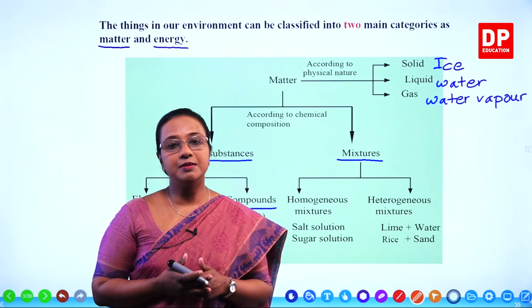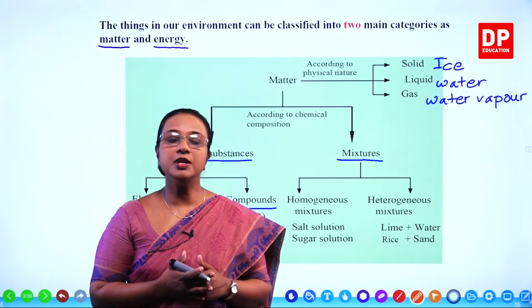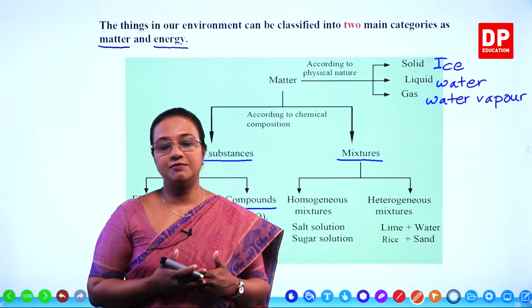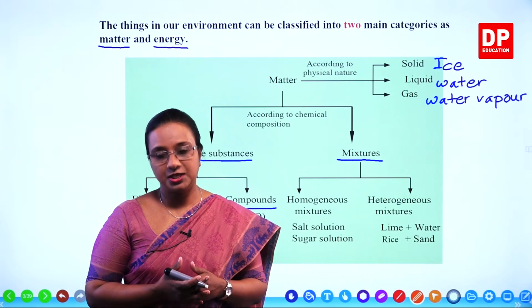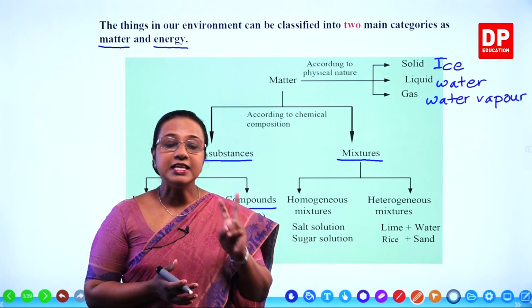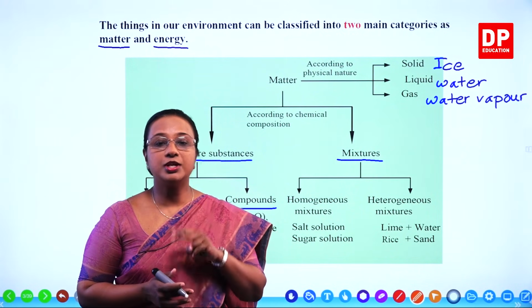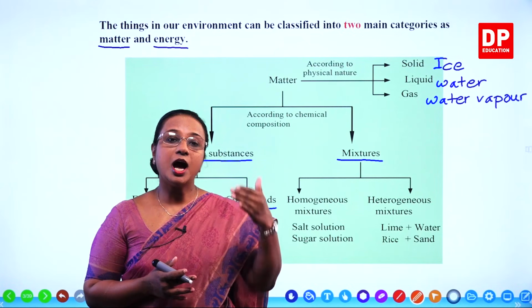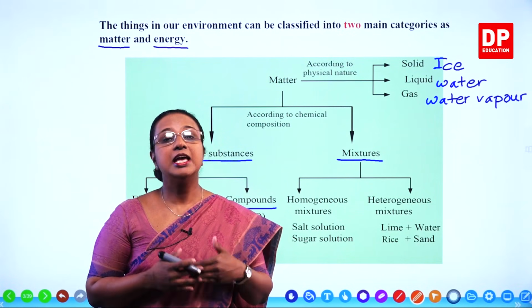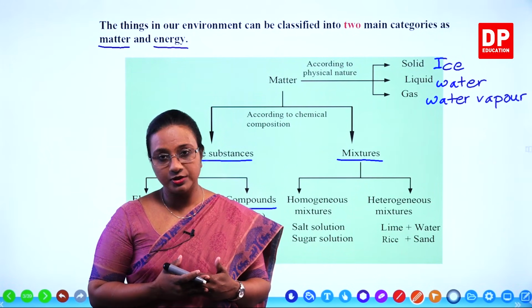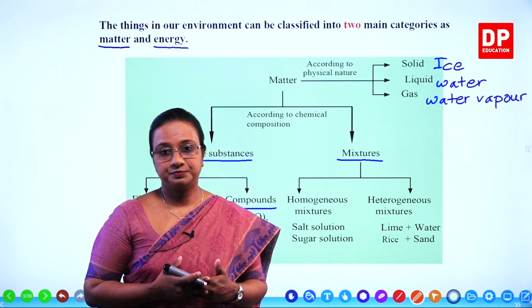Oxygen is an element, water is a compound. When oxygen dissolves in water, we have mixtures. And these mixtures can again be divided into two types based on how their composition is distributed throughout the mixture.